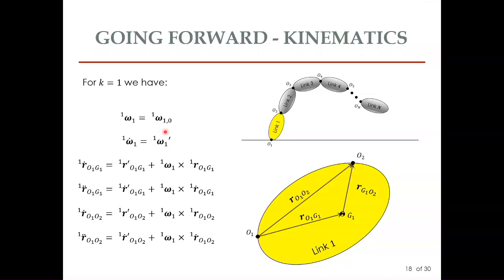Because at the beginning we defined K relative to K minus 1 for all of the links. This is one of the values we predefined. If link 1 is revolute, you will have something like 0, 0, Q1 dot for this one. And if it is prismatic, it will all be zeros.